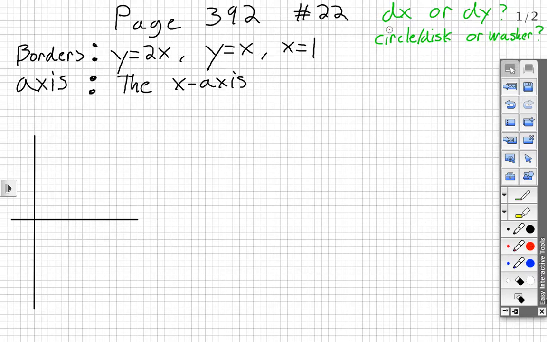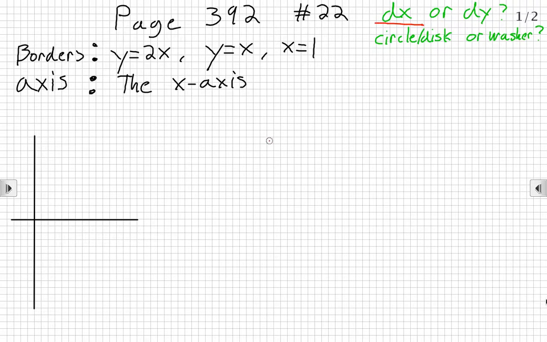The answer to the first question, dx or dy, is dx. And the reason is our axis of revolution is horizontal. The answer to the second question, circle, disk, or washer, is washer.